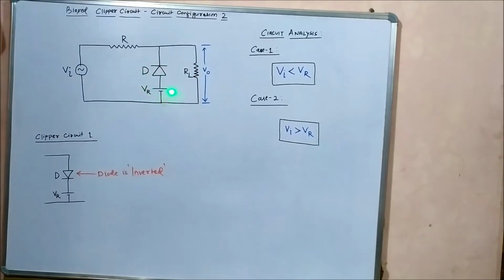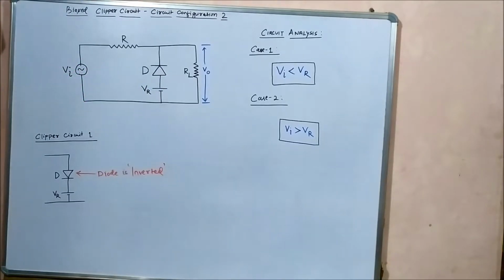But if we add this biasing or reference voltage, it will become a biased clipper circuit. That's why it is called a biasing voltage or reference voltage. This voltage decides above or below which voltage level clipping will take place in the input signal waveform.